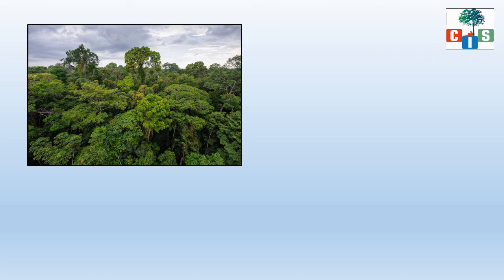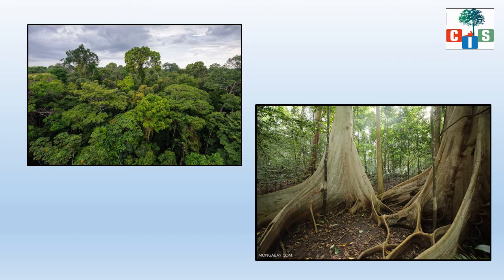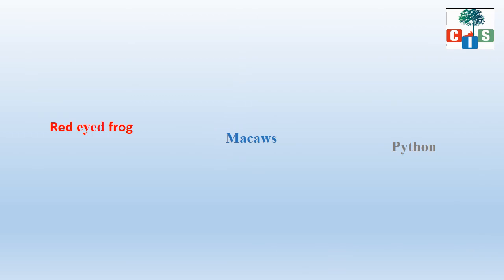It may almost take 5 to 10 minutes for raindrops to reach the ground. They are so densely close. So here in the first picture you can see the canopy, and here you can see the clear floor of the rainforest.